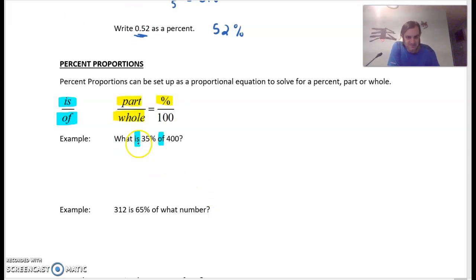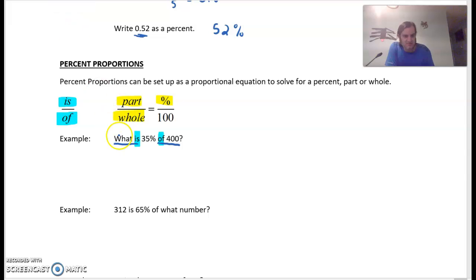And if we look at them, while the percent's there in the middle, the is is associated with the what here, and the of is associated with the 400. What is 35%? So what is the piece of 400? Of means we're taking it out of that whole. So there's the is over of that helps us set up the part over the whole.